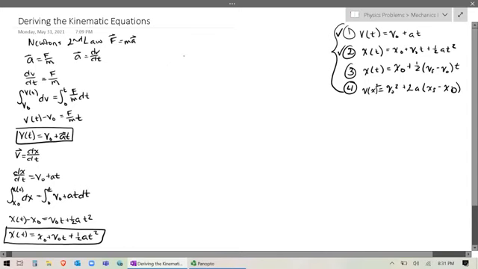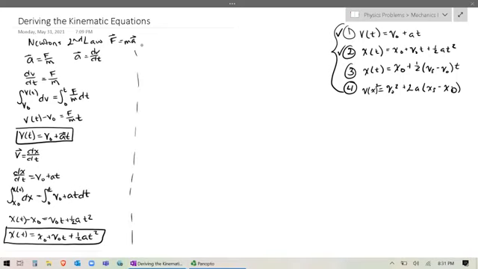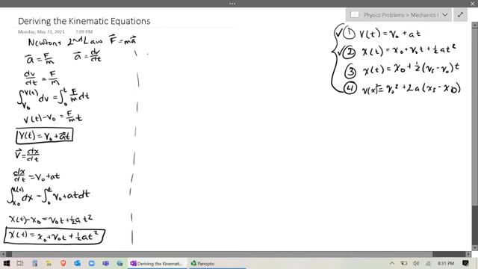So to get equation 3, we're going to need to, let me just draw some lines here. We're going to need to rearrange equation 1 so that v final minus v initial is equal to at.